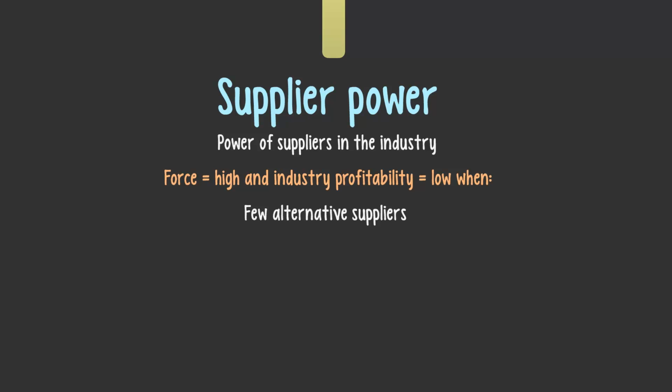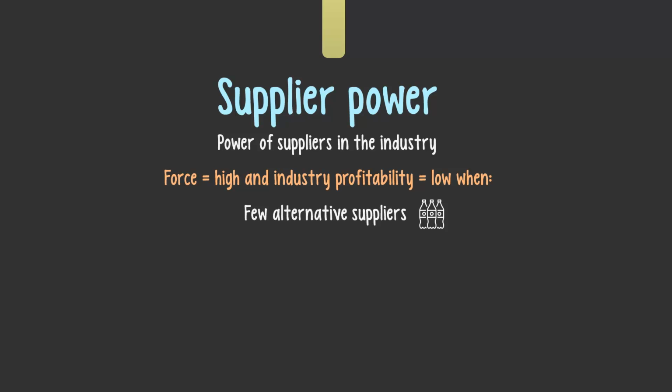Let's imagine we've got an organization that makes chemical Y, and this chemical Y is a key additive to any soft drink that is in production. Now, if this organization is the only supplier of this chemical and all the beverage producers have to buy from the supplier, then the supplier is going to have a huge amount of power because all the producers have to buy from that supplier if they want to remain in business.